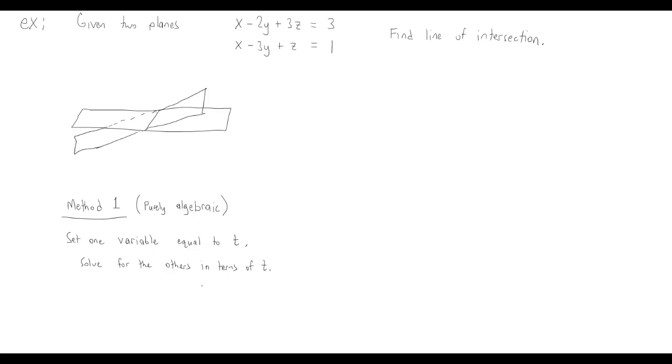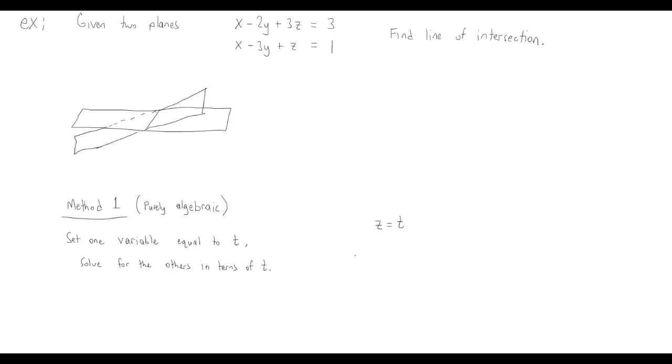To illustrate this method, set one variable equal to t. So I'm going to just set z equal to t. Okay?